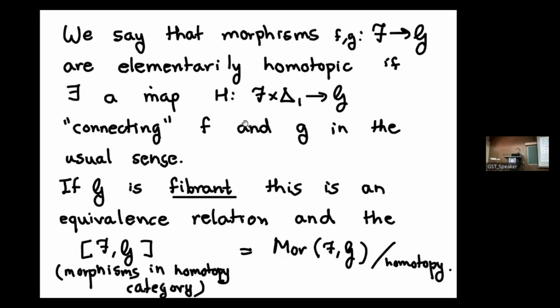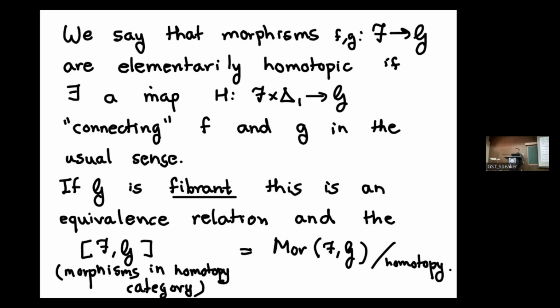So the thing is that in general, if F and G are just arbitrary simplicial sheaves, this is not necessarily going to be an equivalence relation, because the basic properties are not going to be satisfied.